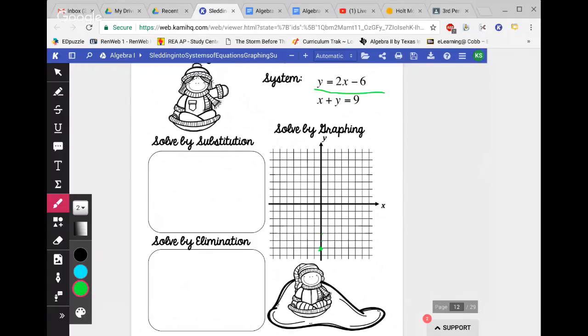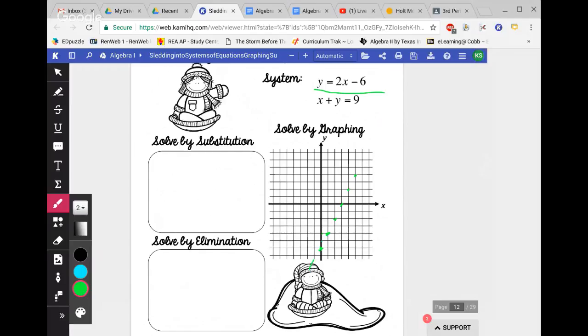So I'm going to go in two directions, positive, and two directions, negative, when I'm graphing. So I go up 2 over 1, up 2 over 1, up 2 over 1, up 2 over 1, up 2 over 1.